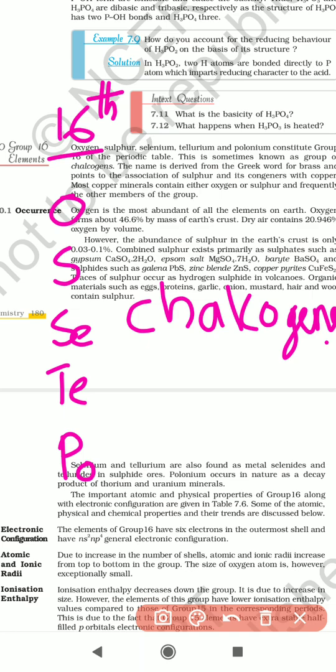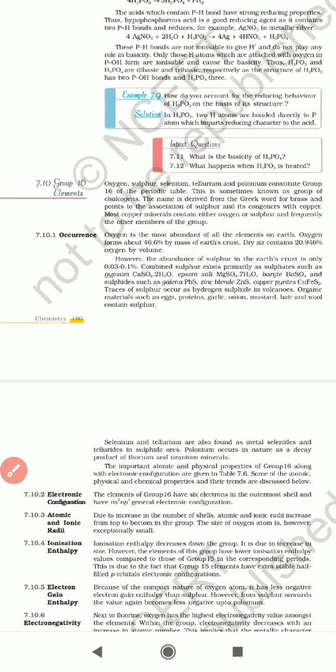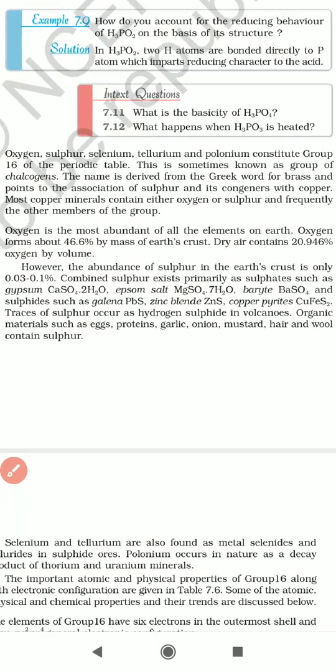Let us see what the theory part given in NCERT says. Oxygen, sulfur, selenium, tellurium, and polonium constitute group 16 of the periodic table. This is sometimes known as the group of chalcogens.